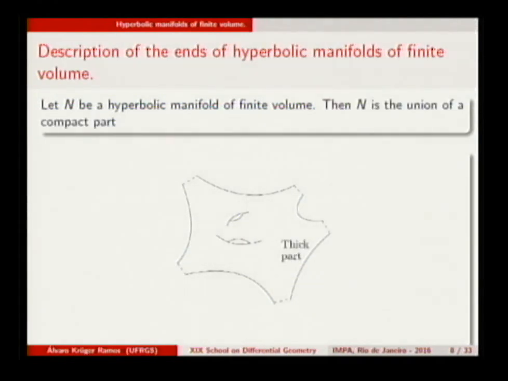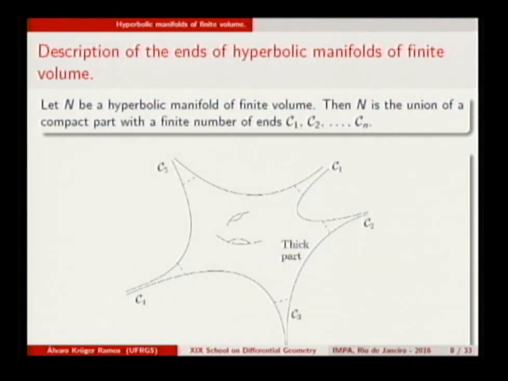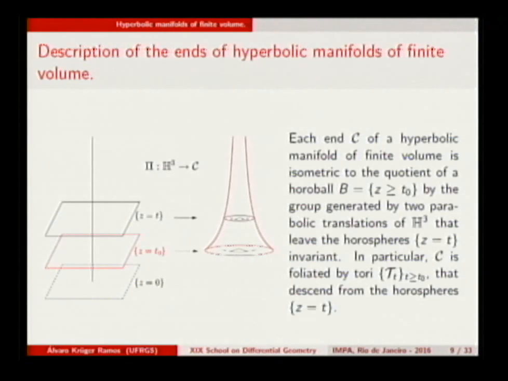It has a compact part, which is called the thick part, and a finite number of ends. I'm drawing a picture with 5 ends, which are called the cusp ends of the manifold. And these cusp ends are very interesting and important for our proof.